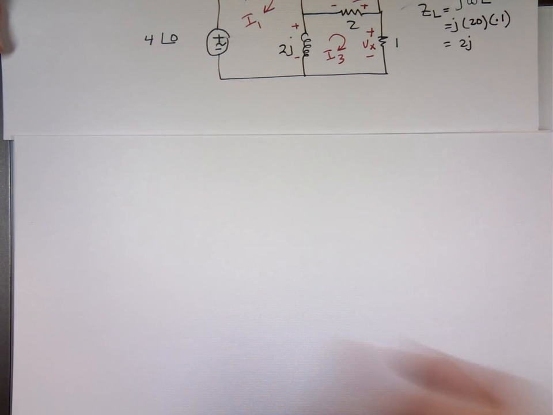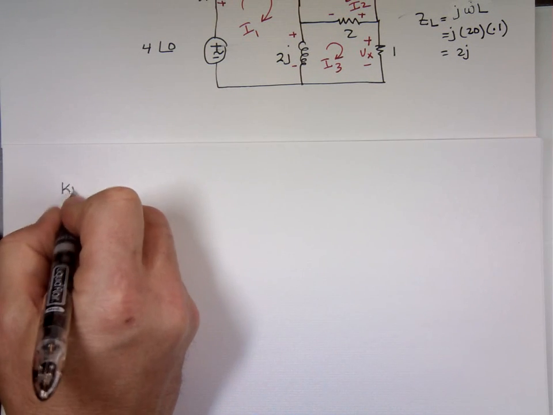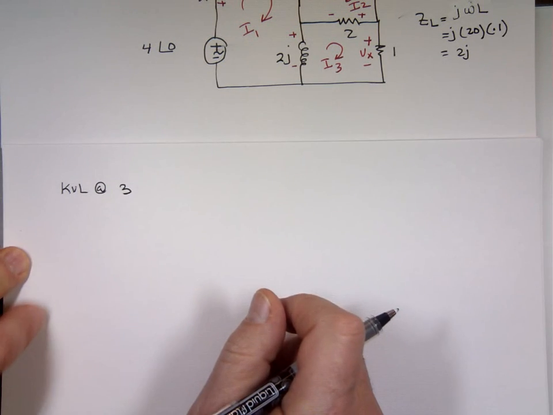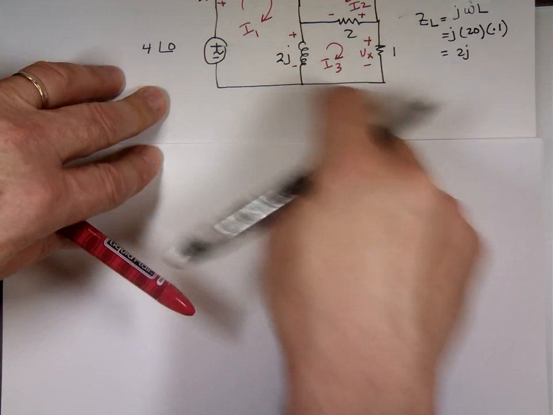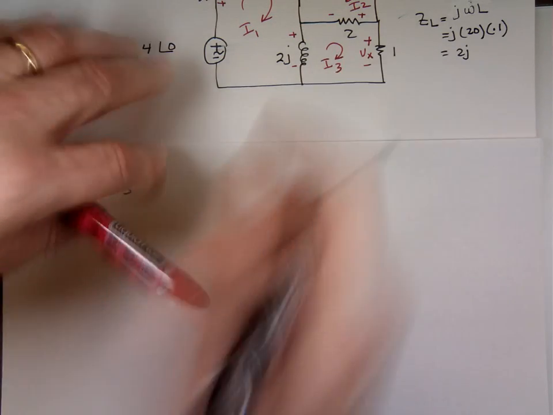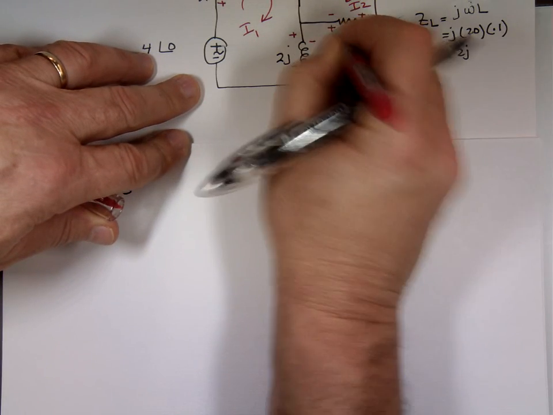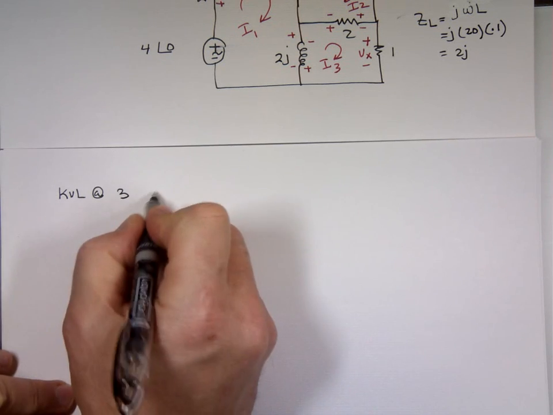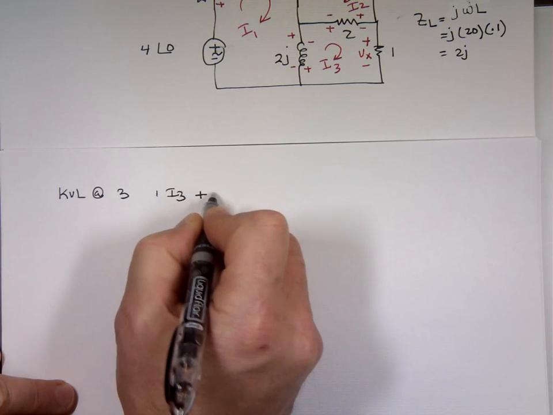That's the bottom one. That's down here. Again, I define it going this way. So plus to minus, plus to minus, plus to minus. So it's 1 times I sub 3 plus 2j.